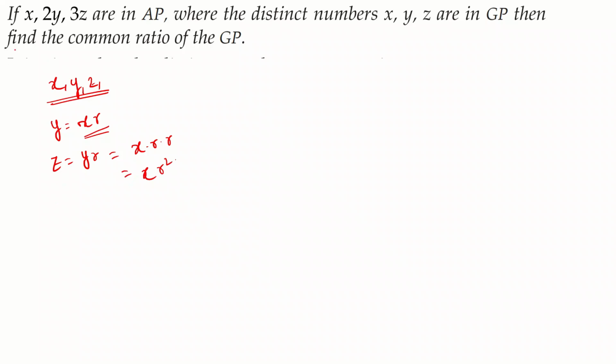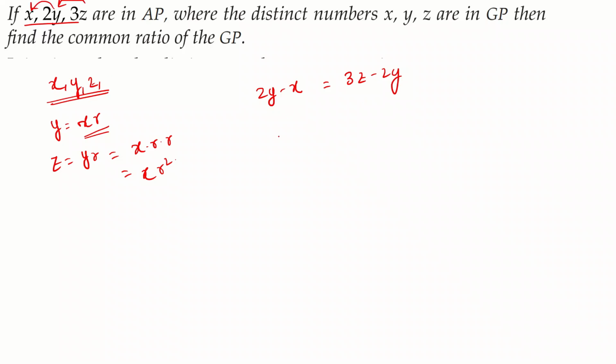Now they are saying that x, 2y and 3z are in AP. That means 2y minus x is equal to 3z minus 2y, because if these three numbers are in AP, that means 2y minus x, which is the common difference, should be equal to 3z minus 2y.